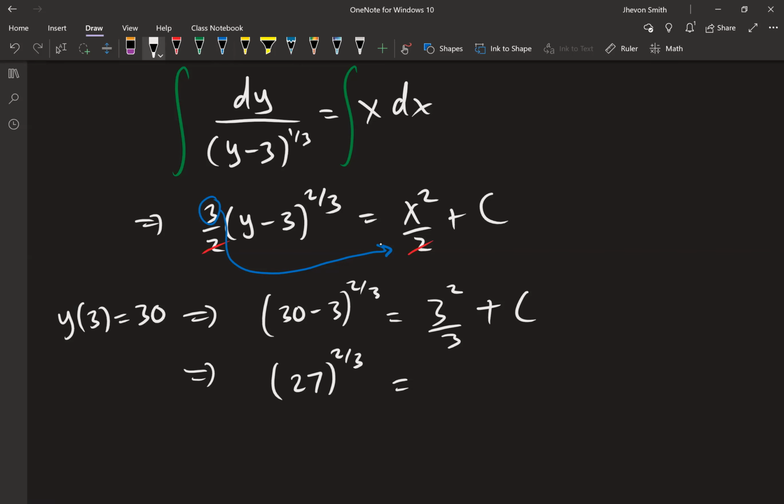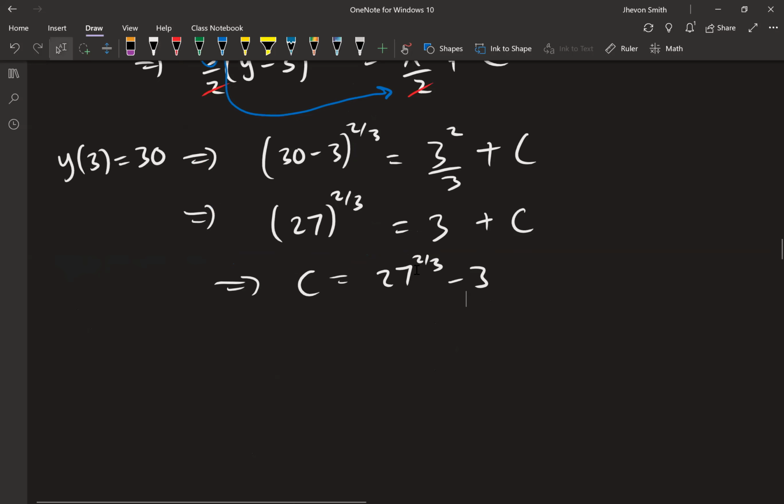So this here is going to be 3, and plus c. And so now my c is this constant, 27 to the 2/3 minus 3.